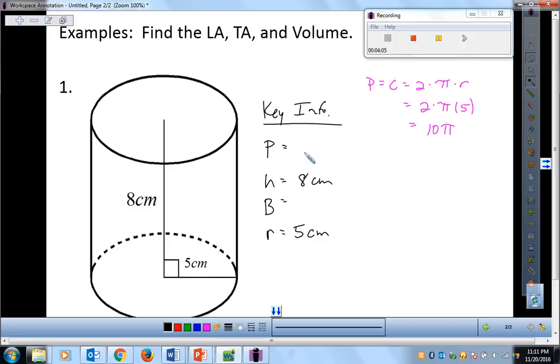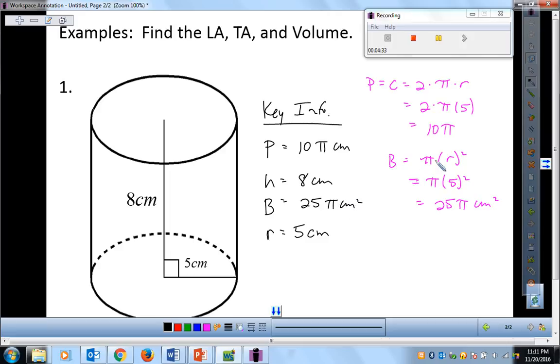So our perimeter is 10 pi centimeters. And lastly, we need the area of the base. Pi times r squared equals pi times 5 squared, and that equals 25 pi centimeters squared. Make sure to watch your units on that. That's area, so it has to be units squared. In this case, centimeters squared.